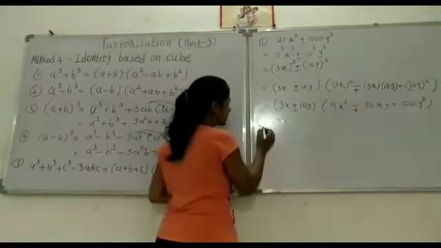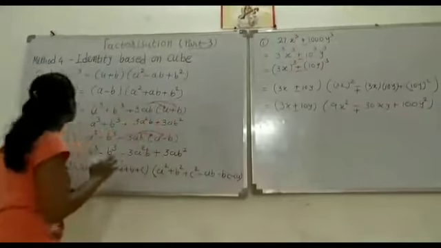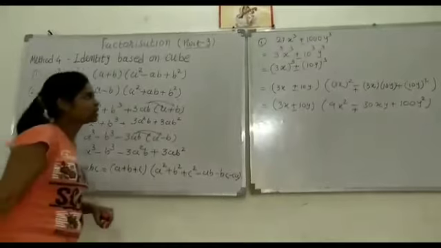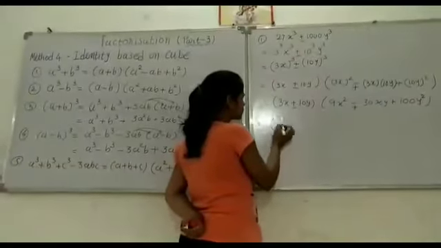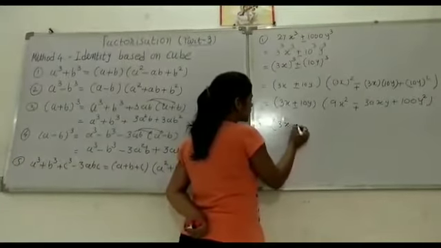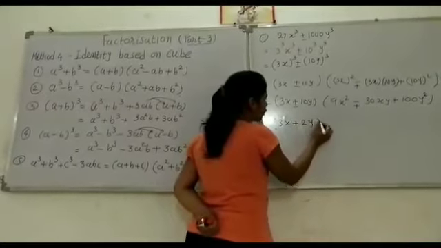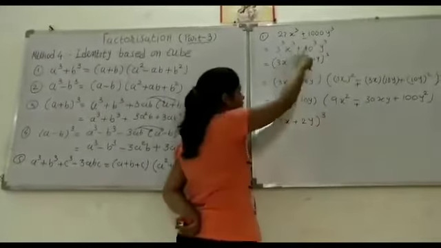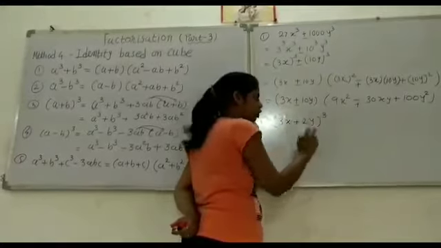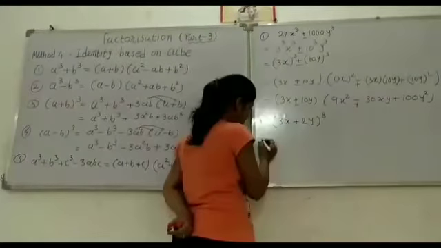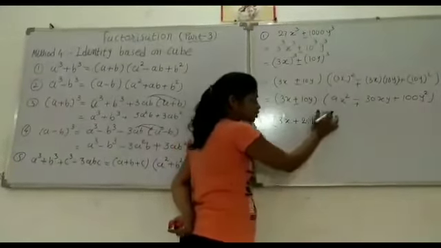Now we consider a second example based on the whole cube identity. Suppose you have 3x plus 2y whole cube. This is for individual cubes and this is for a whole cube. So how can you expand 3x plus 2y whole cube?